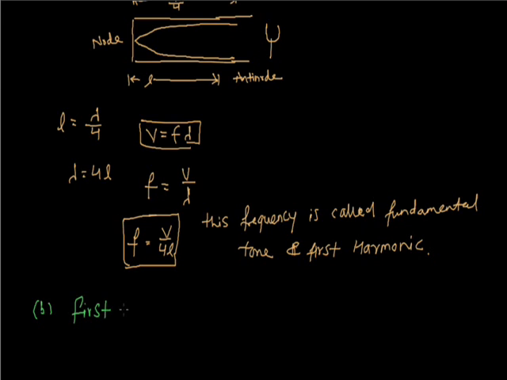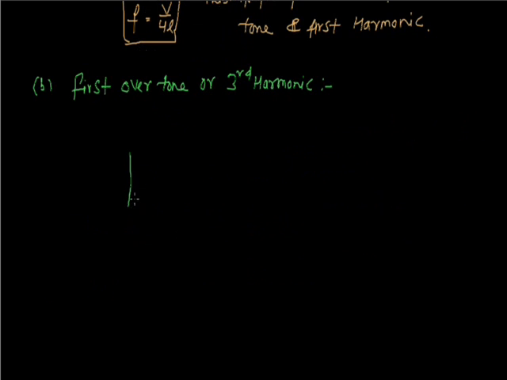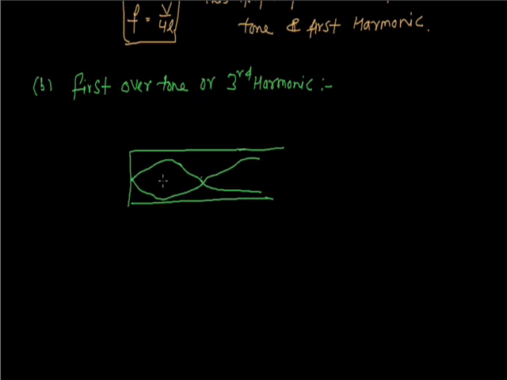Now second, the first overtone, and third harmonic. So the length of the closed organ pipe, and the waveform is like that. At the closed end there is always a node, because the air particle is not free to move, and at the open end it forms an antinode, and this is also a node.